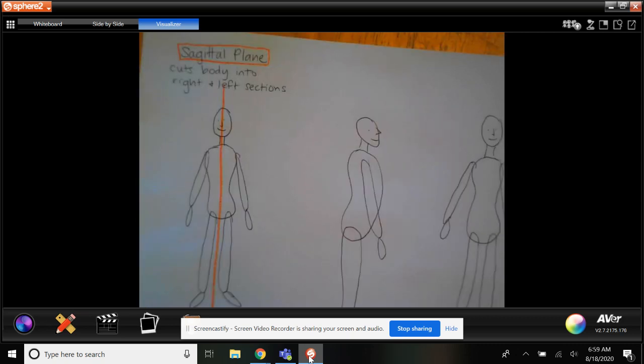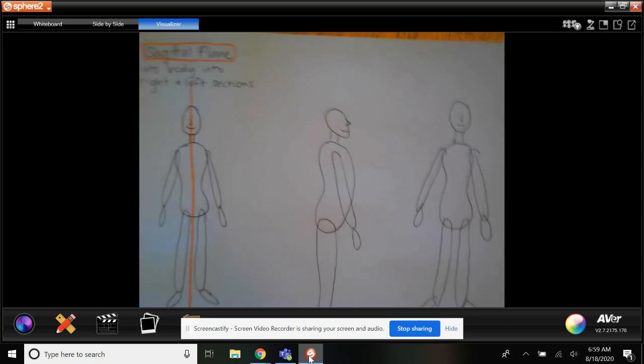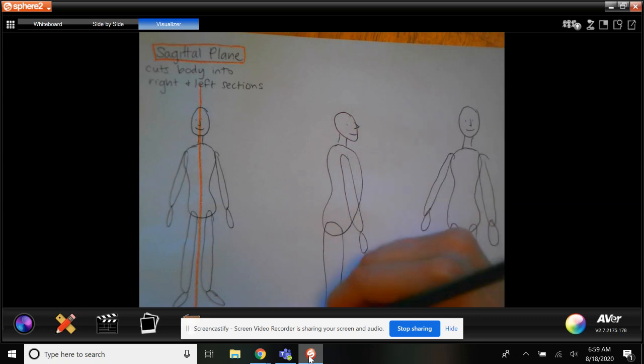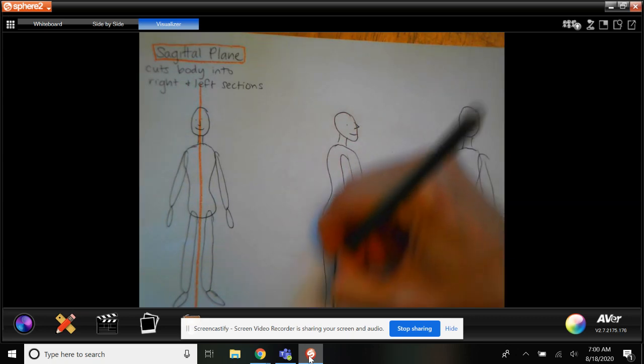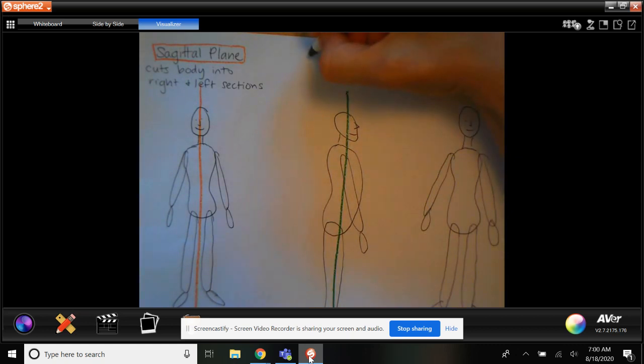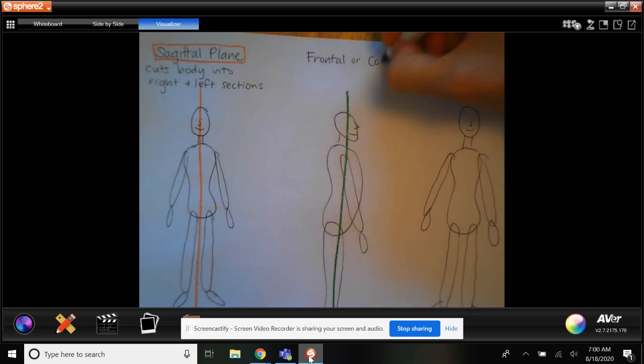All right. The next way that we can cut a body, our next plane, has 2 names. But in our picture here, it's going to still just be a vertical line. And this is called the frontal or coronal plane.